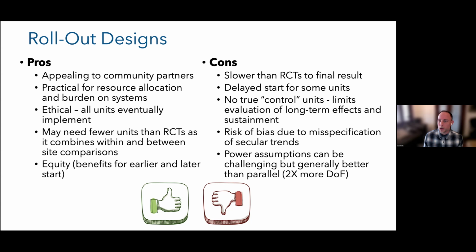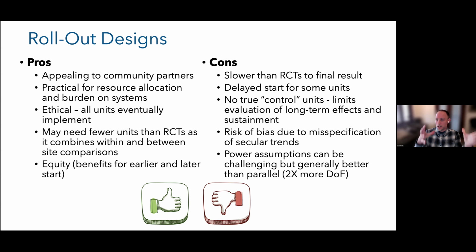These are often very practical designs for resource allocation and to minimize burden on systems. So you can imagine a large scale rollout design, if you have, let's say, dozens of sites, maybe even 100 sites, the ability to actually deploy implementation support simultaneously, as you would need to do in a parallel cluster randomized design, is very difficult, right?